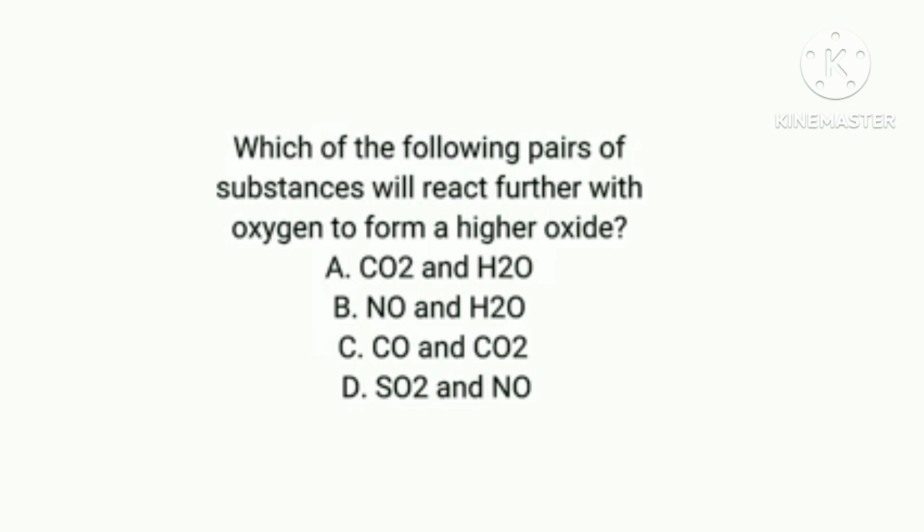Sulfur 4 oxide will react further with oxygen to give us sulfur 6 oxide, SO3, and nitrogen 2 oxide, NO, will react further with oxygen to give us what? Nitrogen 4 oxide, NO2. So both of them can react further with oxygen to give us a higher oxide. So it therefore means that the correct answer here is what? D. Alright, I hope you get that.